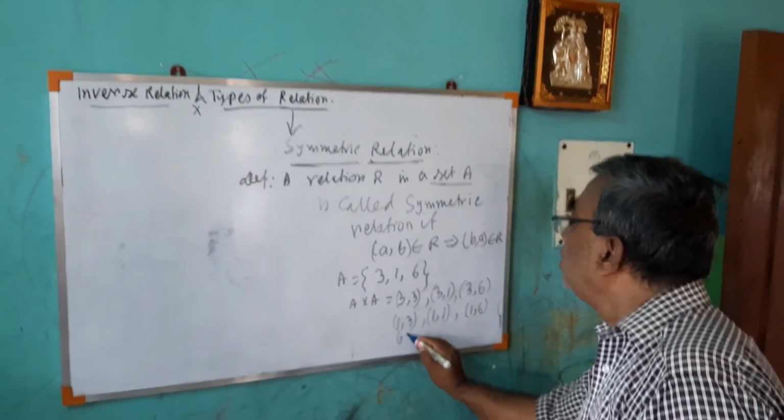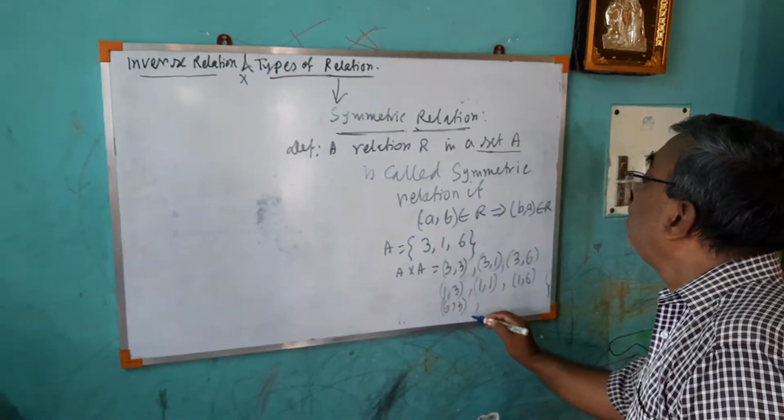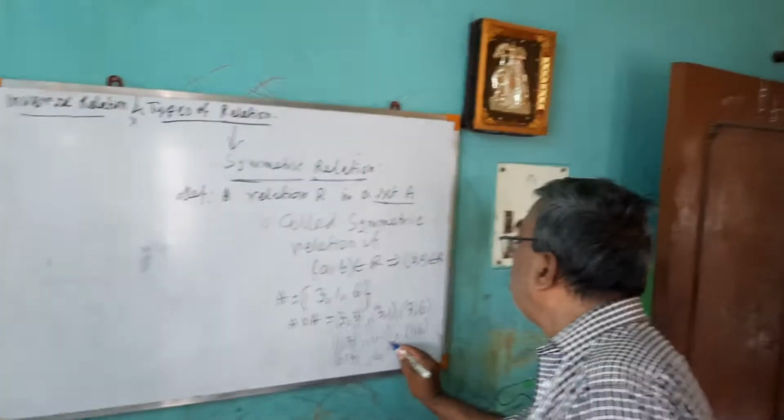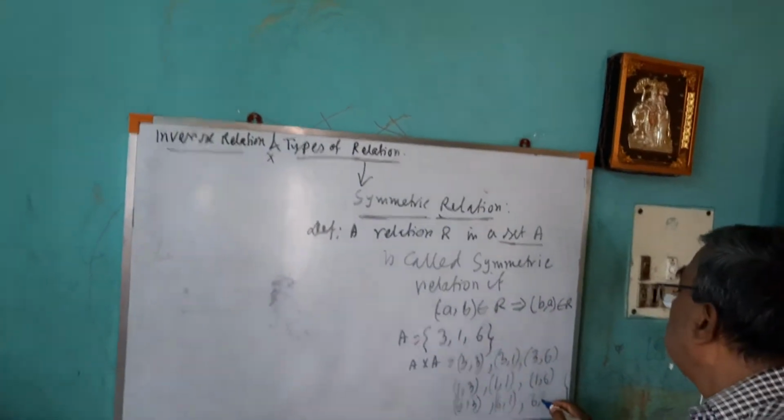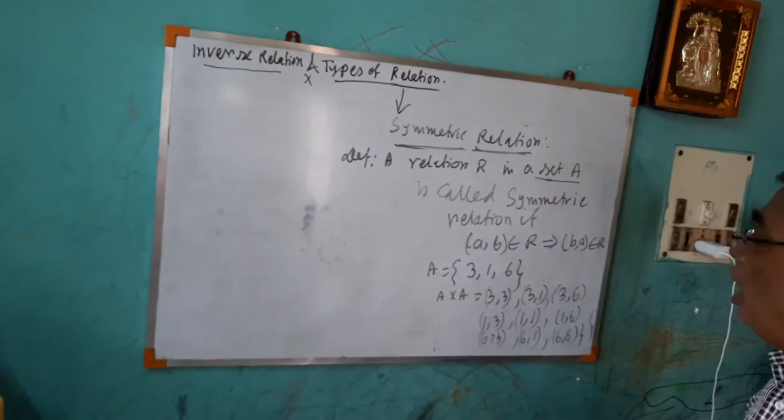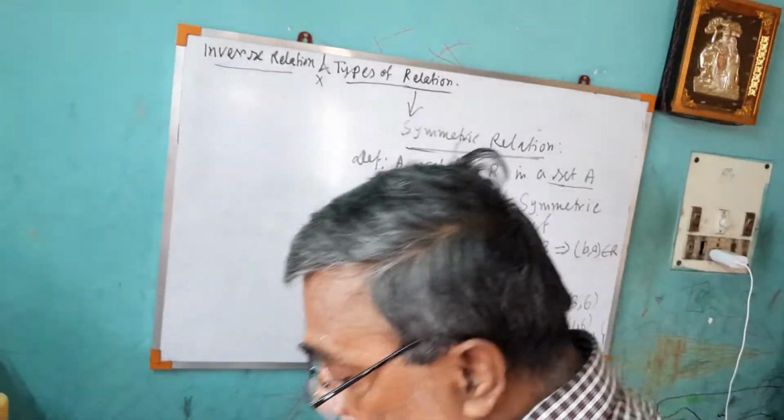Then (6,3), (6,1), (6,6). This is A cross A. Now I am considering a relation R.